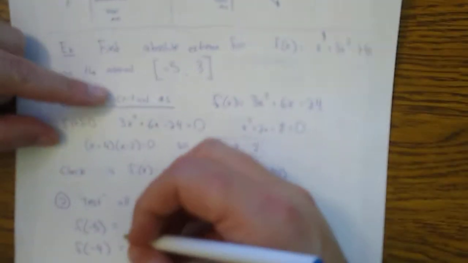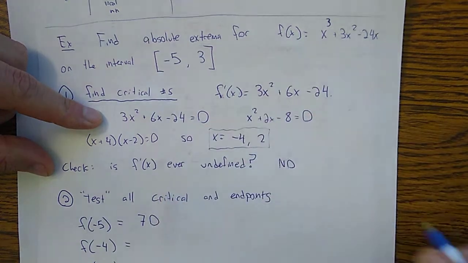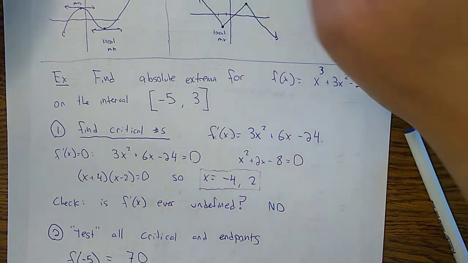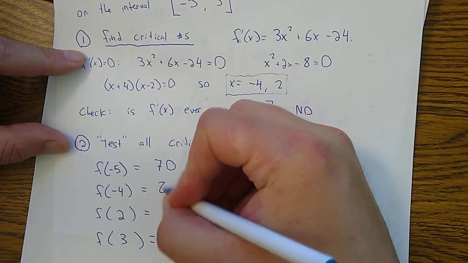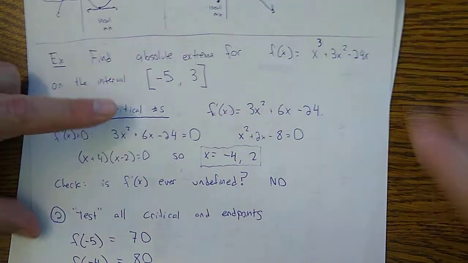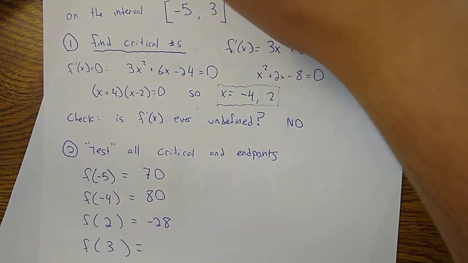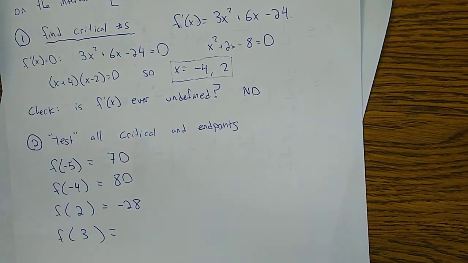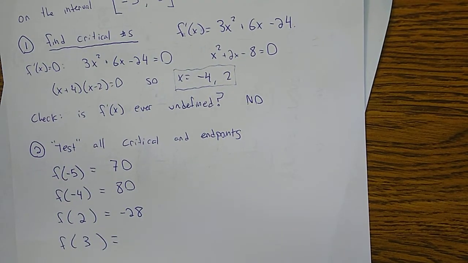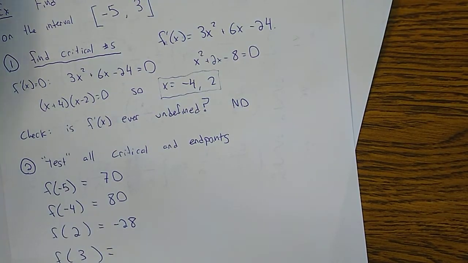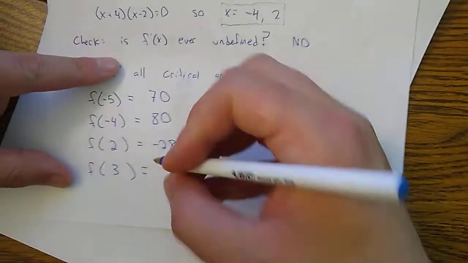Okay, so tell me, what is f of -5? f of -5 is telling me is 70. f of -4, it's telling me is 80. f of 2, telling me is -28, and f of 3, oops, oh, come on, f of 3 is -18, there we go.